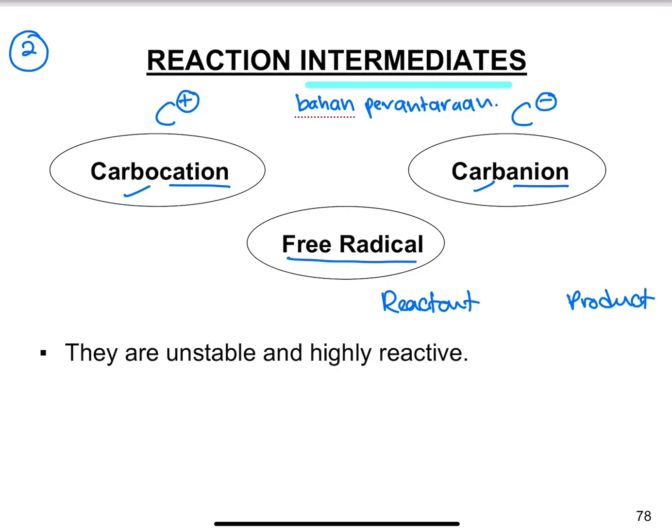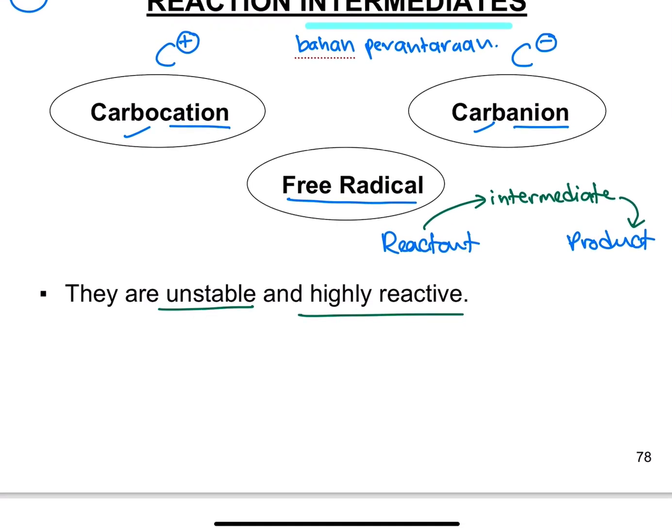Before a reactant can change into a product, it must go through an intermediate species, then you have conversion towards the product. So these are highly unstable and highly reactive. Now if you remember some of your thermochemistry or activation energy, your energy profile diagram, we have reactant, we have product here.